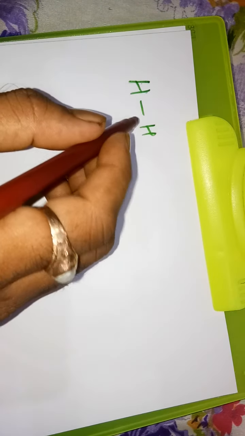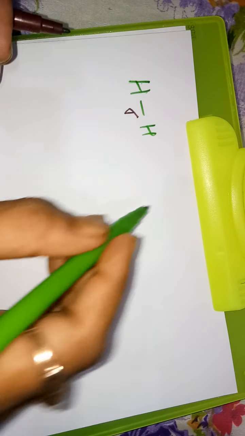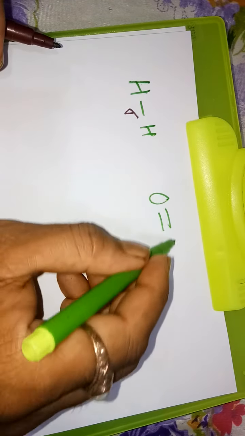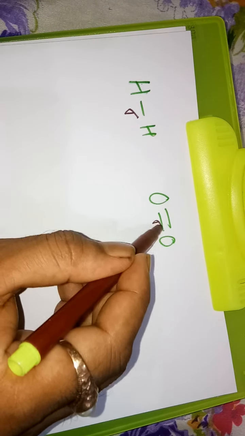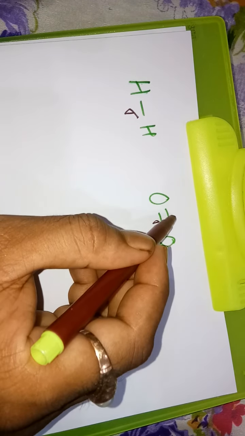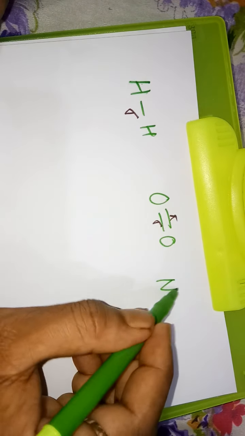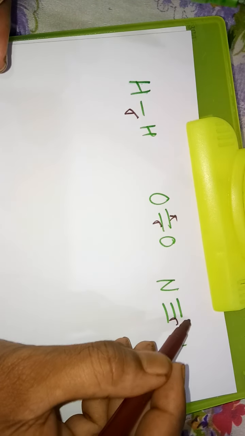Between oxygen atoms there are 2 bonds. The first bond formed between them is sigma, the second bond is pi. If I take nitrogen, the first bond formed between 2 nitrogen atoms is sigma, and the rest are pi bonds.